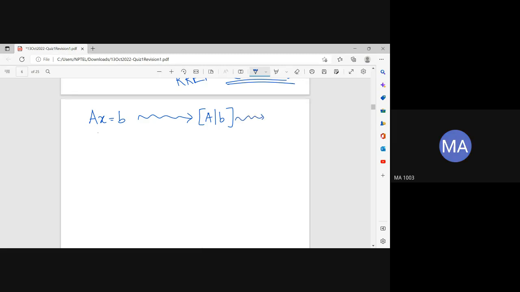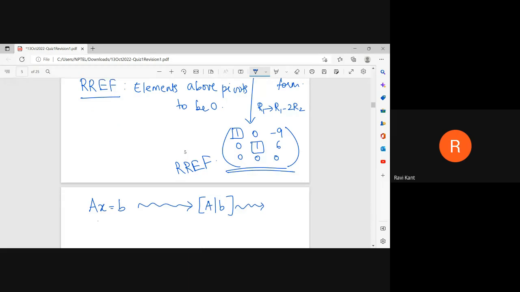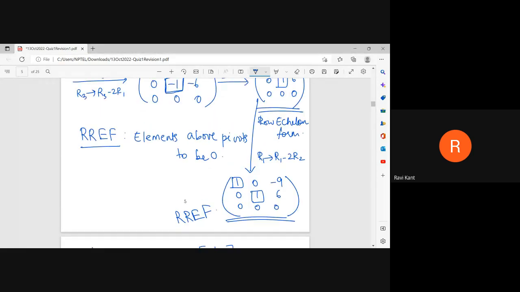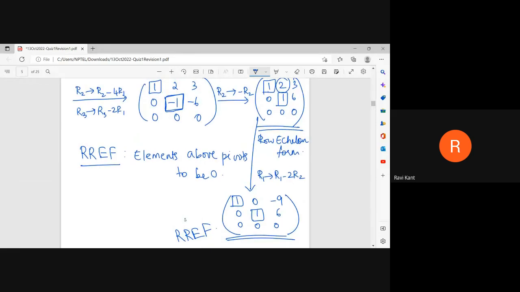Ma'am, can you scroll up just a minute? When we are reducing to RREF, we are doing the operation R1 minus 2R2, so we are multiplying and subtracting simultaneously. But here we are not doing something on R1, we are doing something on R2.